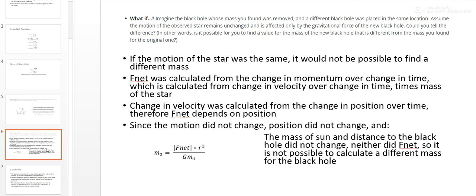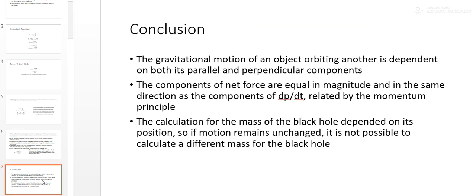So Fnet depends on position. However, since the motion of the star did not change, the position would remain the same, as well as the mass of the Sun. So according to the equation, m2 would have the same value, and it would not be able to have a different mass for the black hole.